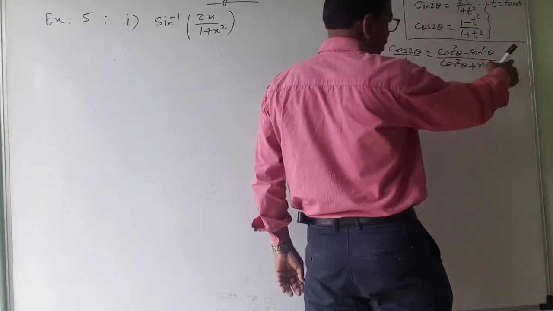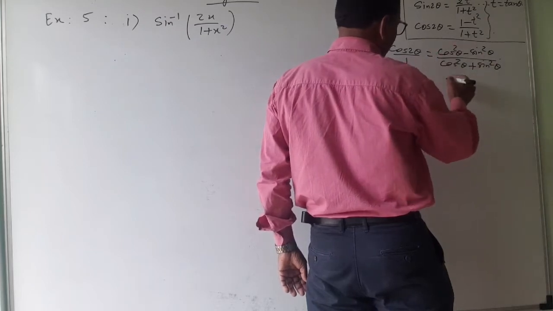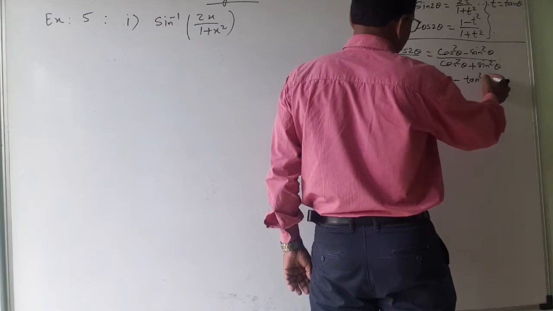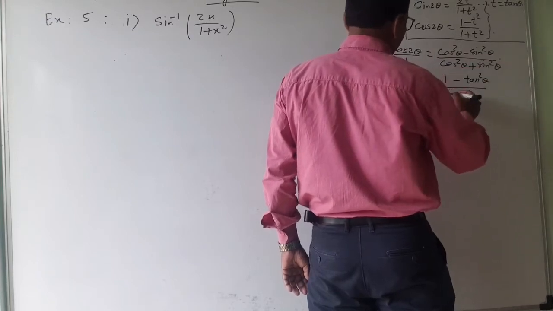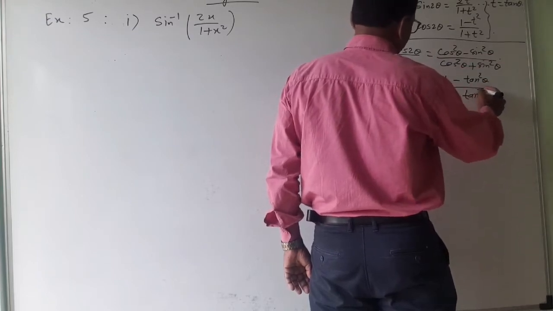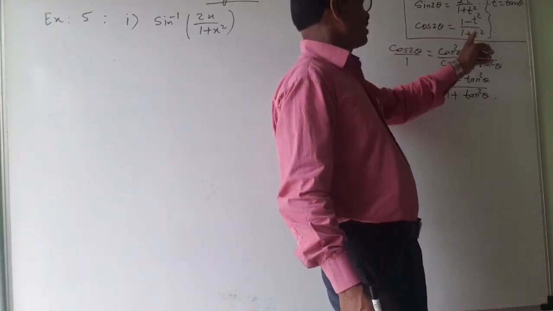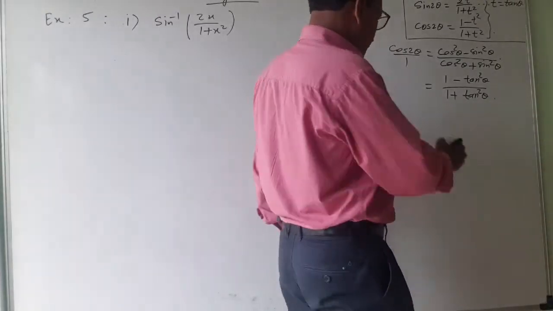Dividing by cos square theta in the numerator and the denominator, here it will become 1 minus tan square theta, and upon 1 plus tan square theta. So this has been proved: cos 2 theta is equal to 1 minus t square upon 1 plus t square.